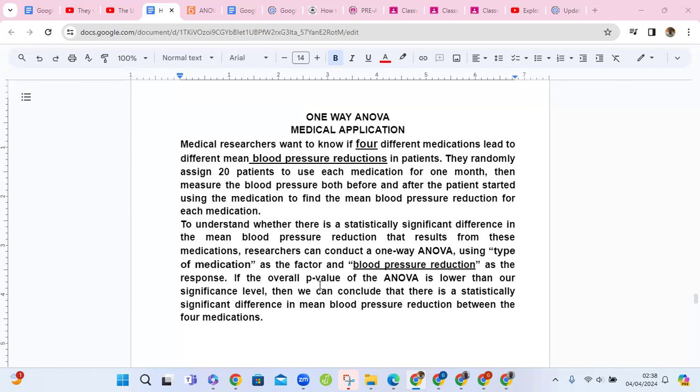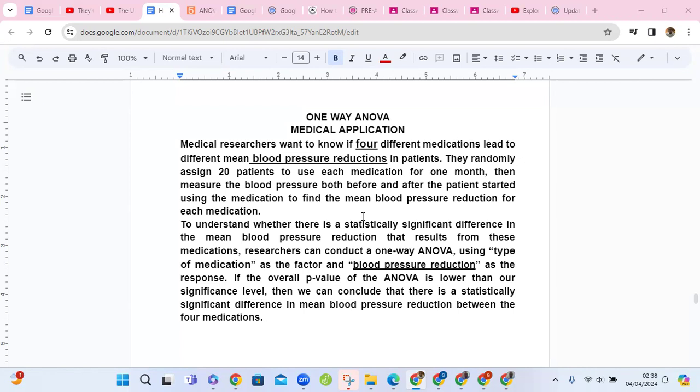And the null hypothesis for such a test is always saying the means amongst the different factors are equal. That's what the null is bound to say.